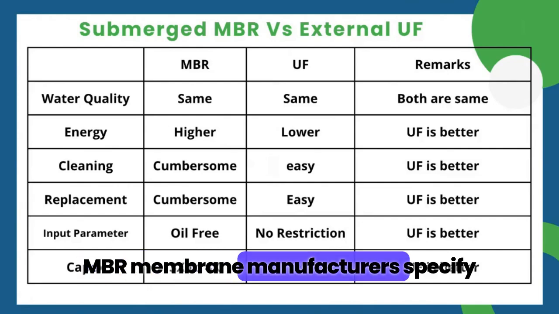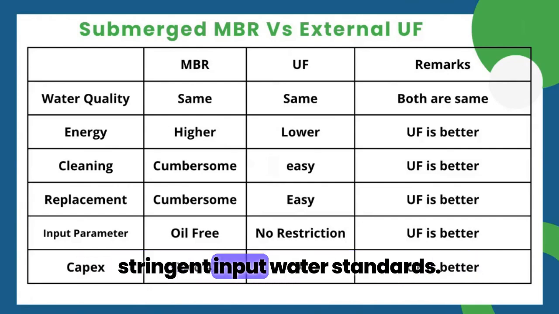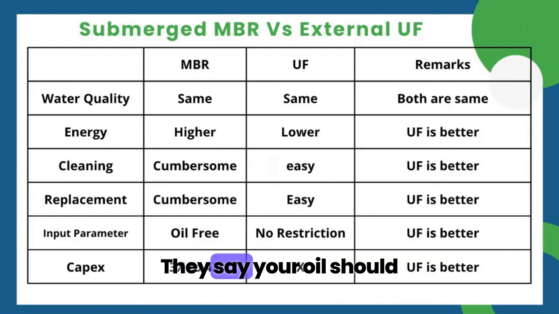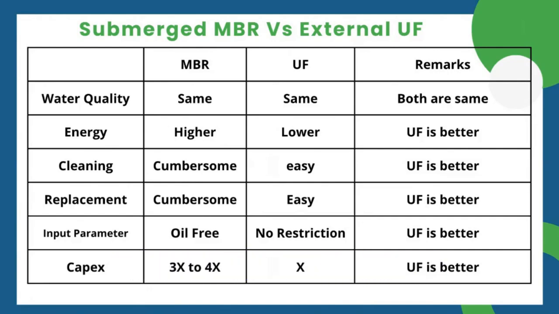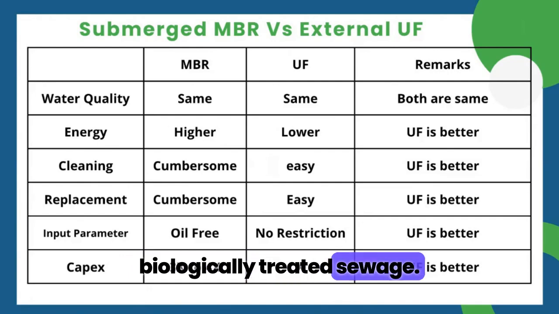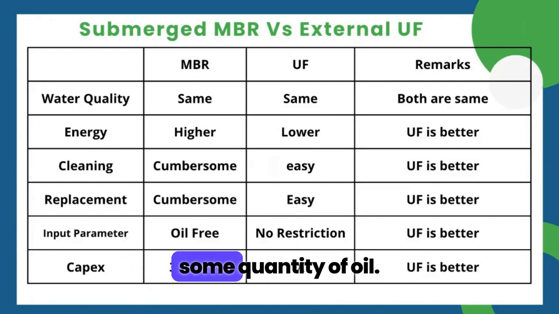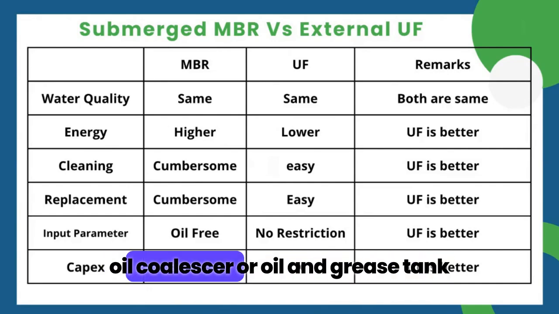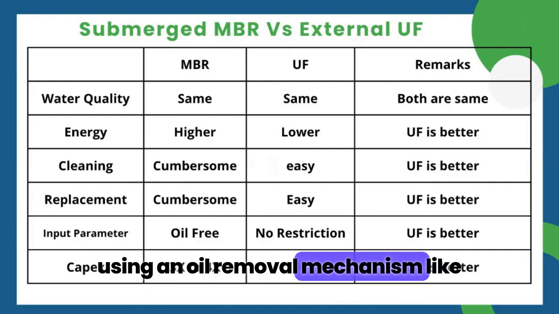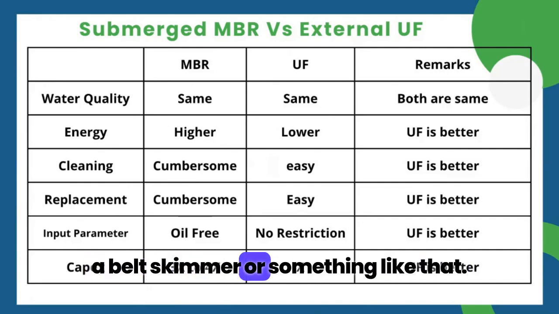MBR membrane manufacturers specify stringent input water standards. They say your oil should be free from water. Please understand, what we are feeding into the MBR is biologically treated sewage. It will still have some quantity of oil. You might have kept an oil filter, oil coalescer, or oil and grease tank using an oil removal mechanism, like a belt skimmer or something like that.